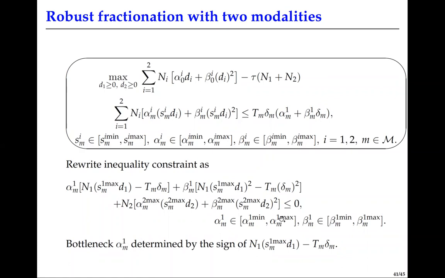And then just like the single modality case, the bottleneck value of alpha 1 in this case will be determined by whether this is positive or negative. And similarly, the bottleneck value of beta will be determined by whether this term is positive or negative.